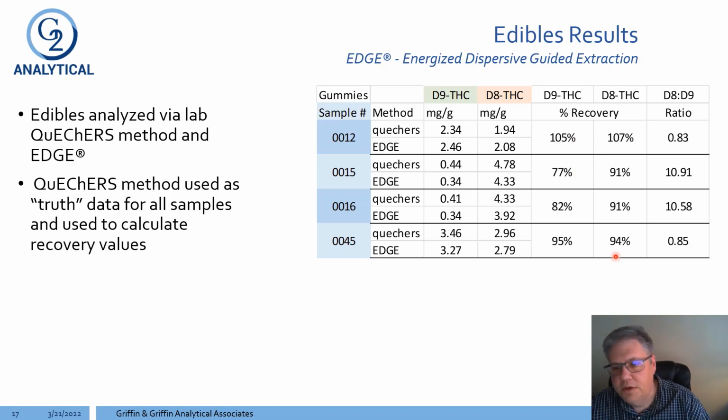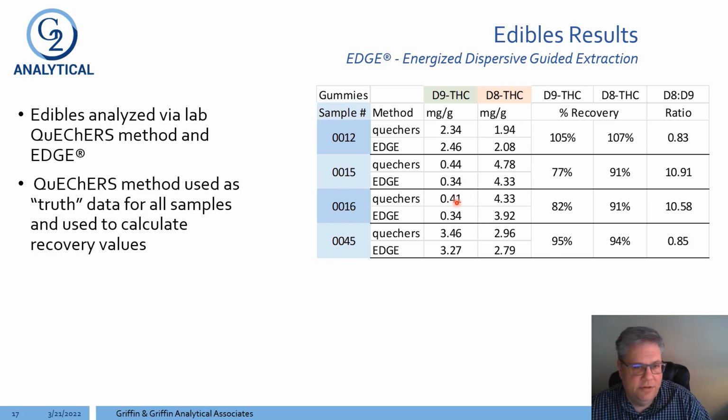The last thing I'd point out about this set of data is a trend that we're seeing, two trends. First of all, let's look at samples 15 and 16. You can see that they have mostly delta 8 and very little delta 9. And this is typical for a delta 8 gummy.